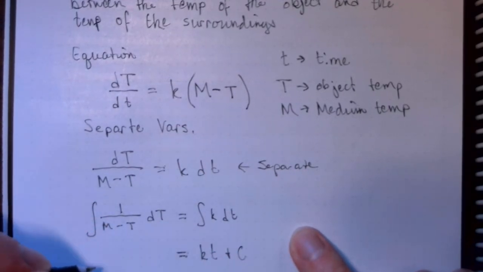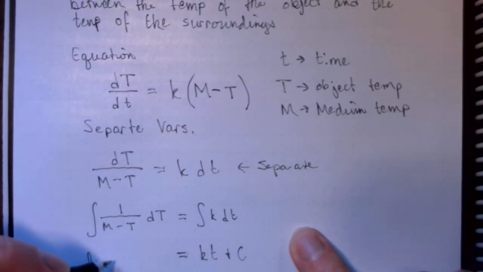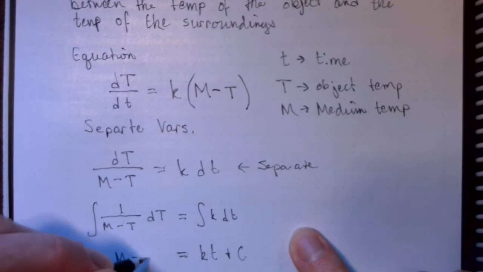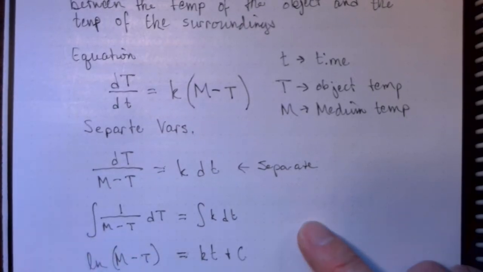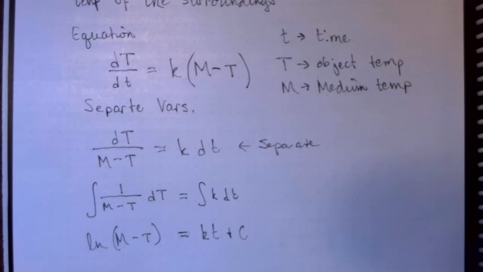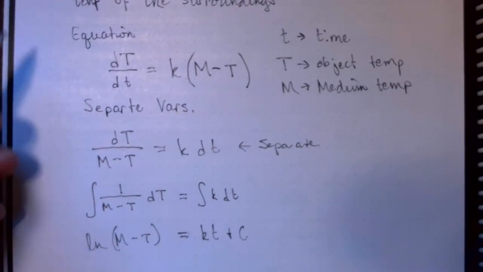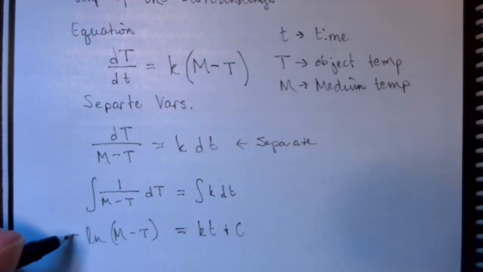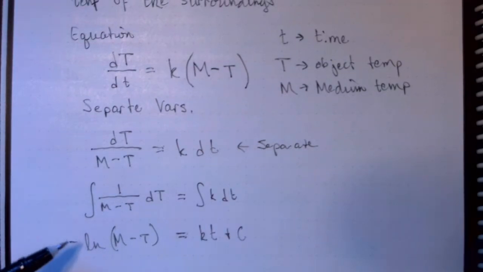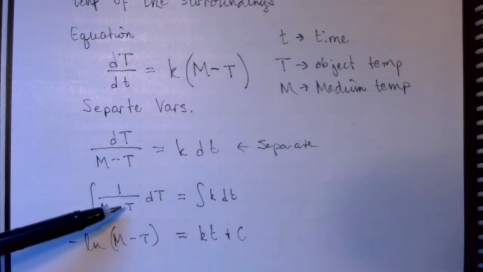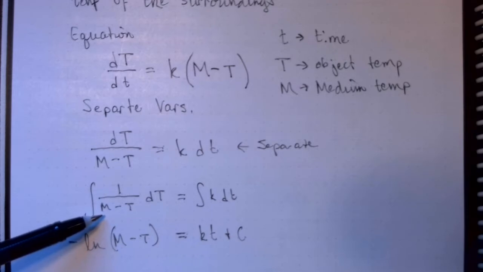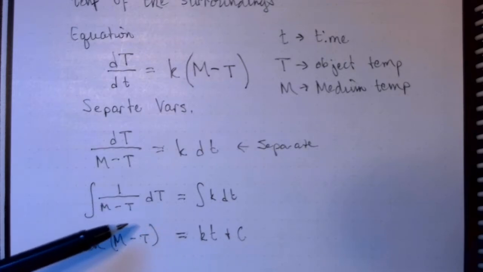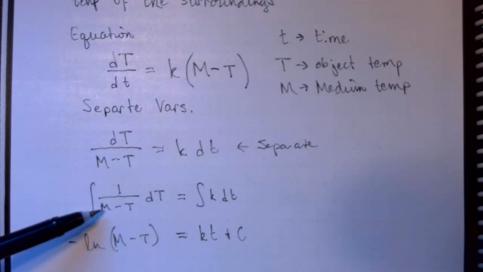On the left-hand side, I would get that. Okay, one sec. I think I actually need a negative out here. What I would do is make a u substitution, let u equal M minus T. So du would be negative dT.